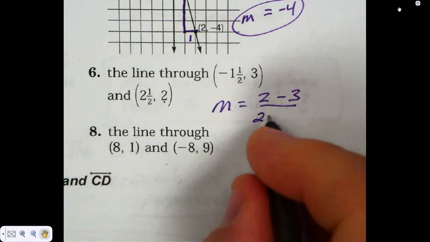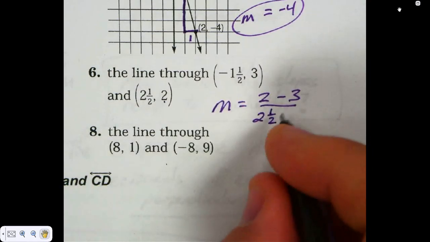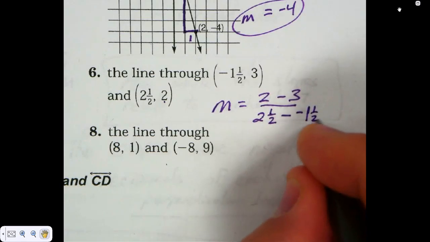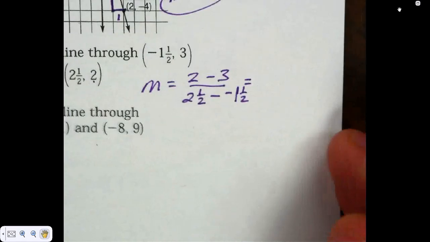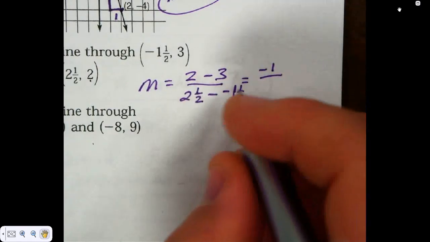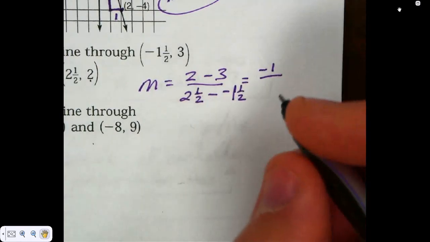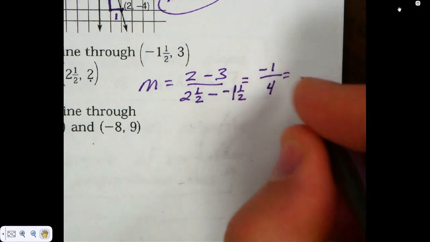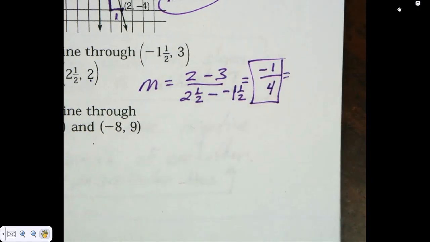So I have to use what first on the bottom? Negative 2 and 2.5. Minus negative 1.5. Well, that gives me a -1 on top, and this negative becomes a positive, and this becomes a 4. Comes out nice and easy.